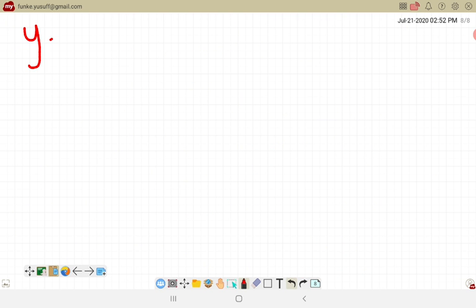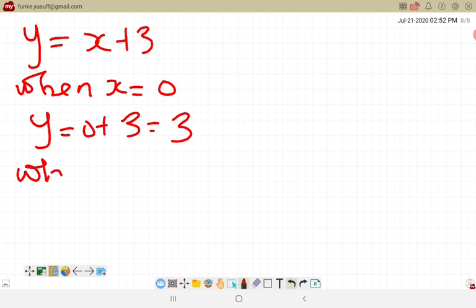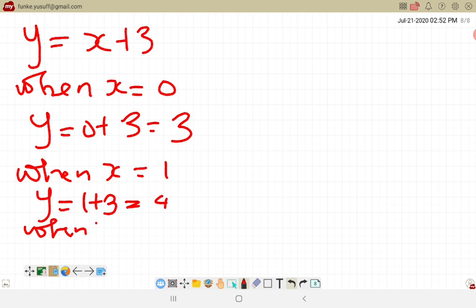The equation is y equals x plus 3. When x equals 0, y equals 0 plus 3, which is 3. When x equals 1, y equals 1 plus 3, which is 4. And when x equals 2, y equals 2 plus 3, which is 5.